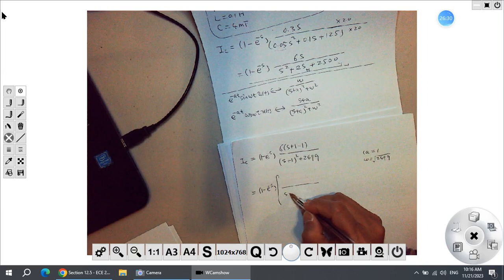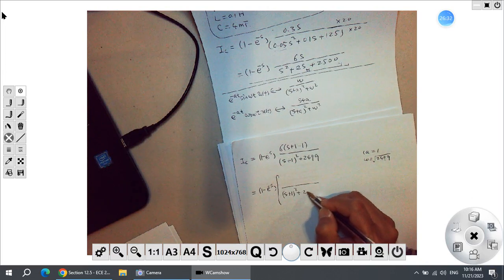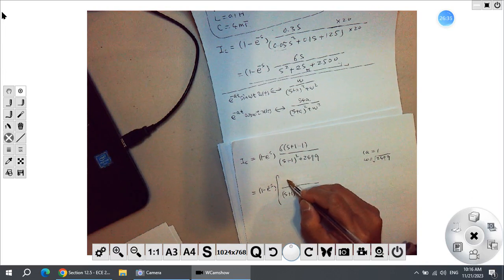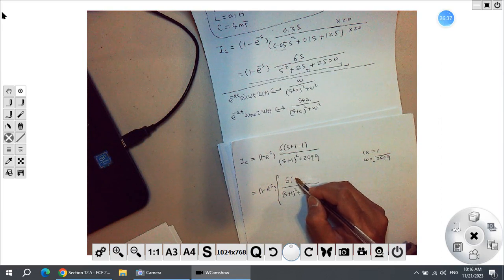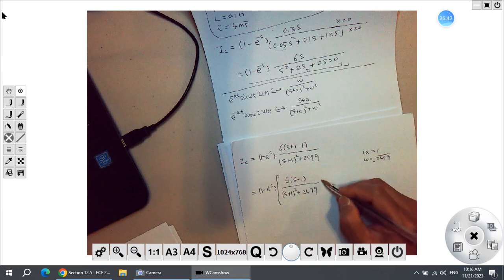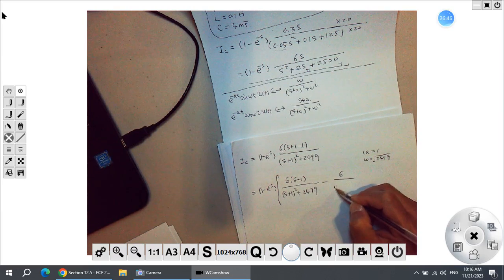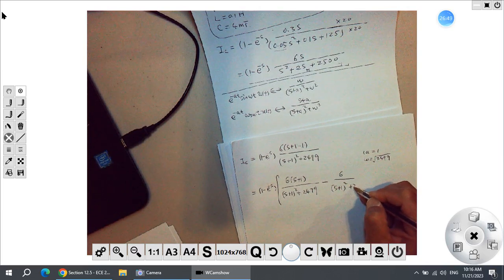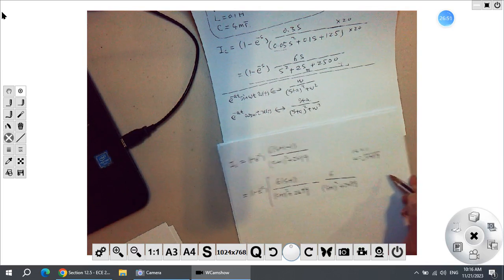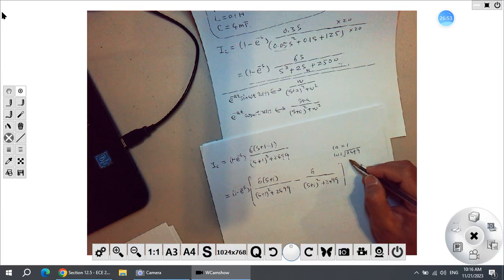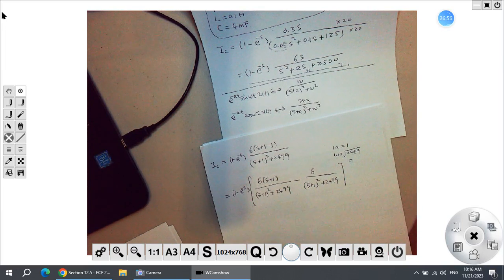One is 6 times s plus a over s plus 1 squared plus 2499, and this one is minus 6 over s plus 1 squared plus 2499, and omega is the square root of 2499.